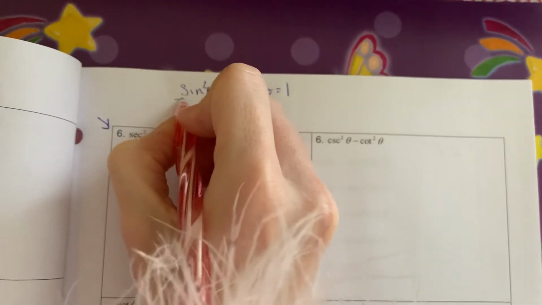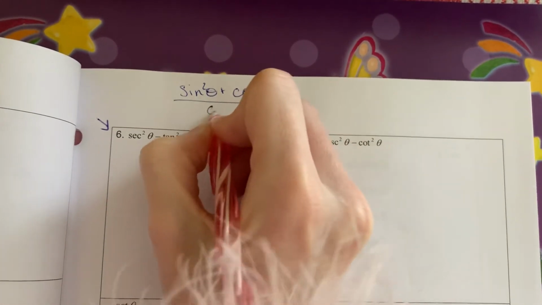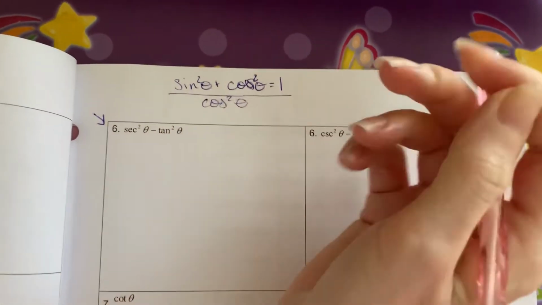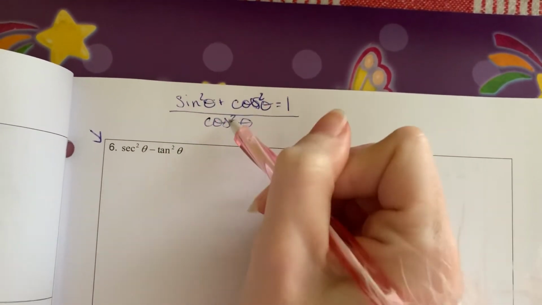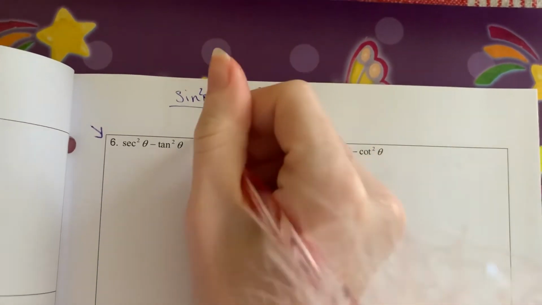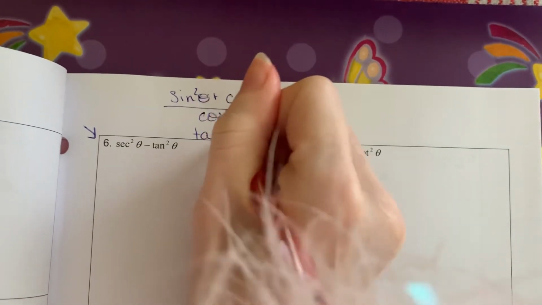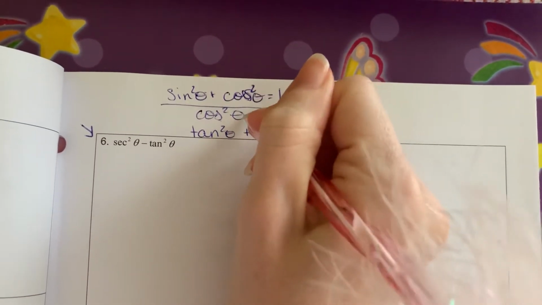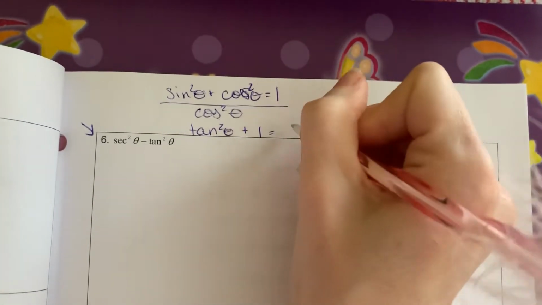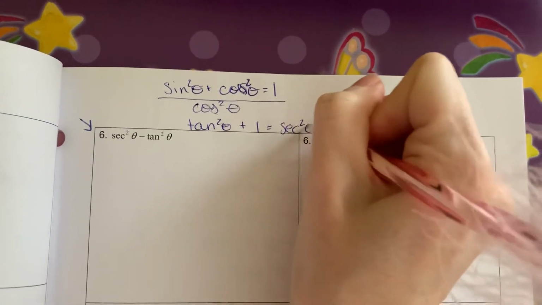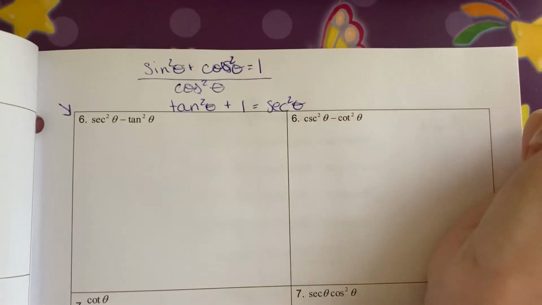First thing I'm going to do is divide everybody by cos squared. And I can do that because I'm giving all of the children a cookie, so everyone's happy. Sine squared divided by cos squared is tan squared. Cos squared divided by cos squared is 1. And 1 over cos squared is secant squared. There's the second identity.